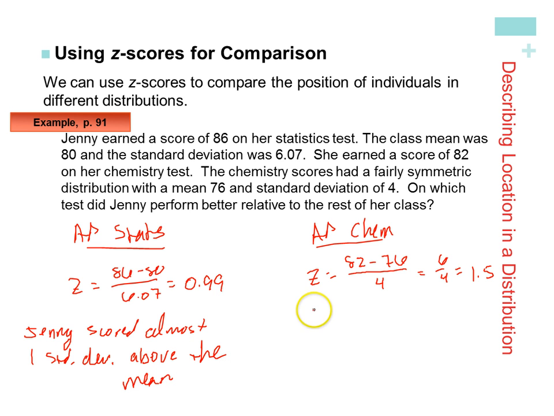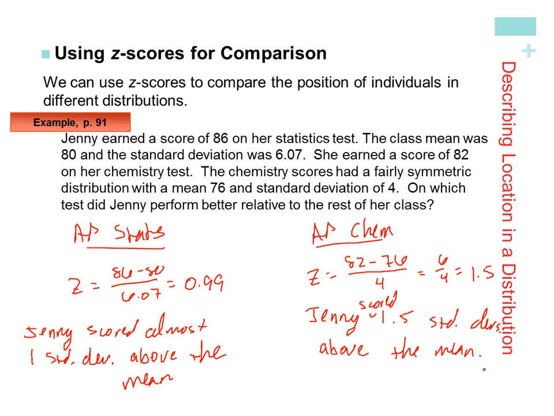Here, Jenny scored 1.5 standard deviations above, or better than, the mean.